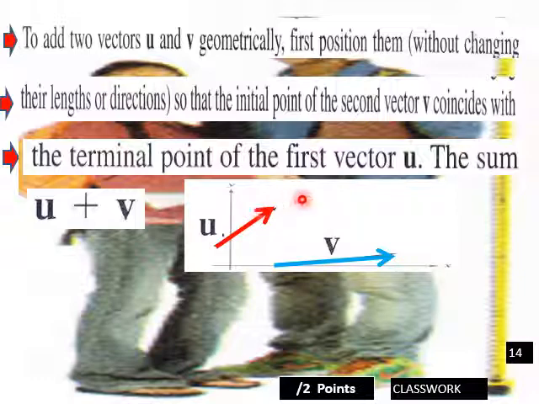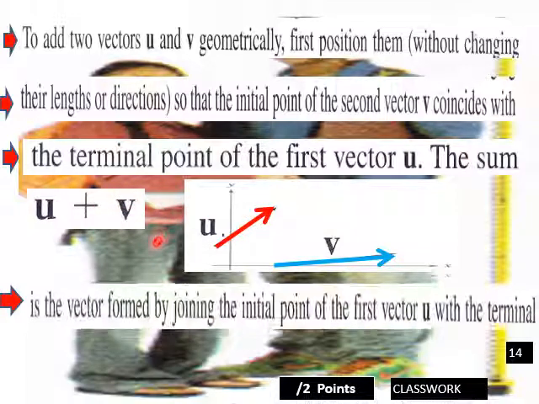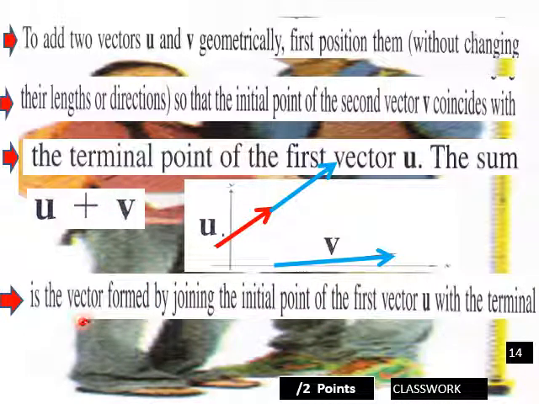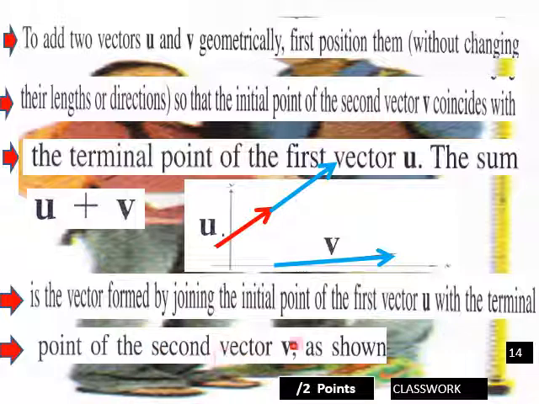So, for example, the sum of u plus v is the vector formed by joining the initial point of the first vector u with the terminal point of the second vector v as shown. So you just continue here with u. u would determine the direction here, the slope, say, plus v, and then v would be the end point, and then you just tack that on to u and extend it out like that.